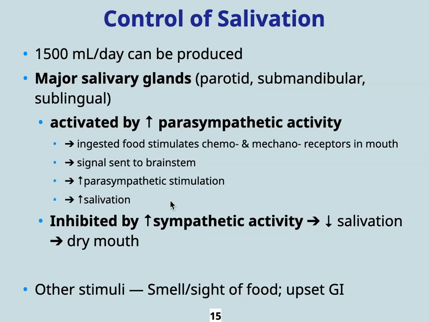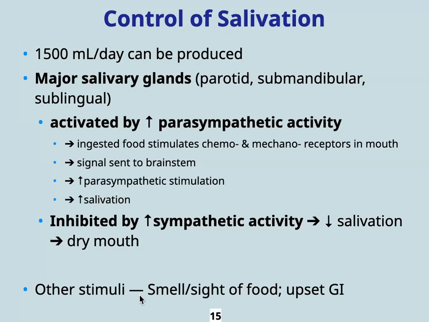But when you are in a relaxed state, more of that parasympathetic activity means that ingested food will stimulate chemoreceptors as well as mechanoreceptors in your mouth. That signal is then relayed to the brainstem, which then transfers to an increase in parasympathetic activity, leading to an increase in salivation.